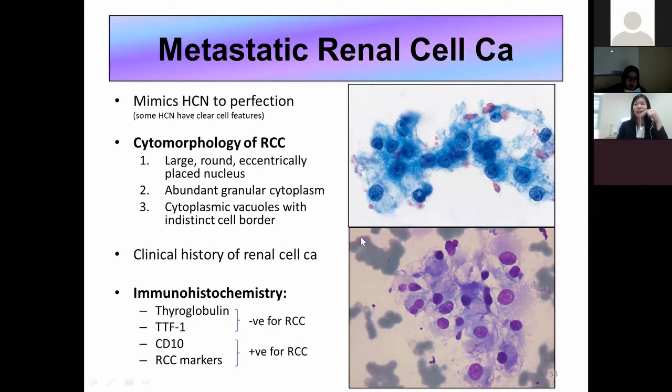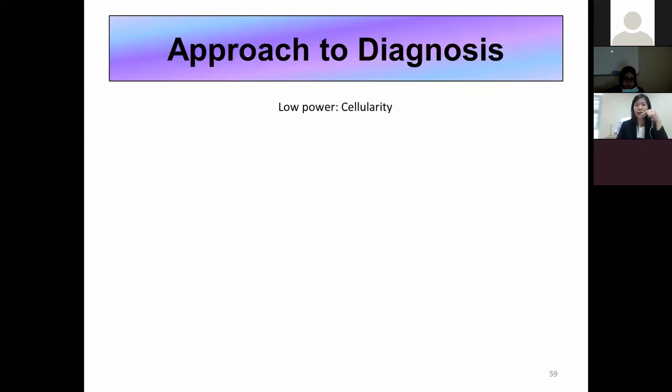Okay, so clinical history of RCC is very helpful. If there is such a history, then we will do a cell block, and as usual, immunohistochemistry: you have no problem if it is positive for CD10 or RCC markers and negative for thyroid markers, so you can diagnose confidently.